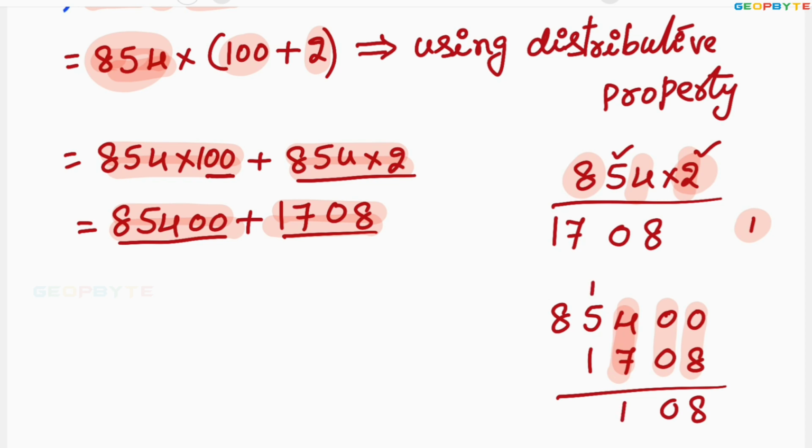Write 1, 1 carry forward. 1 plus 5 plus 1, 7. 8. It is equal to 87108. I hope all of you clearly understood.